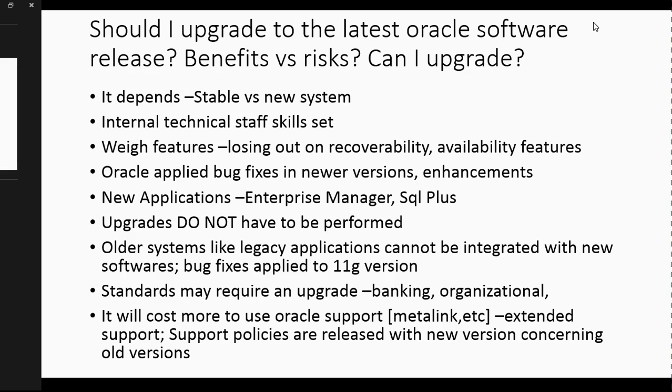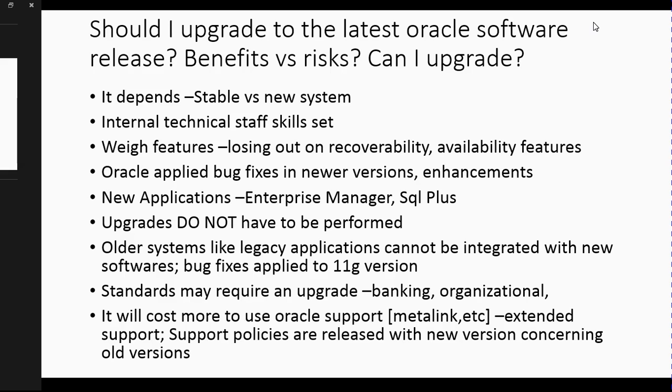Again, you have to consider the features. The features are really important. If you have 9i, you're concerned about whether you're going to be able to perform the right type of recoveries, and whether your system is going to be available at all times for your users.